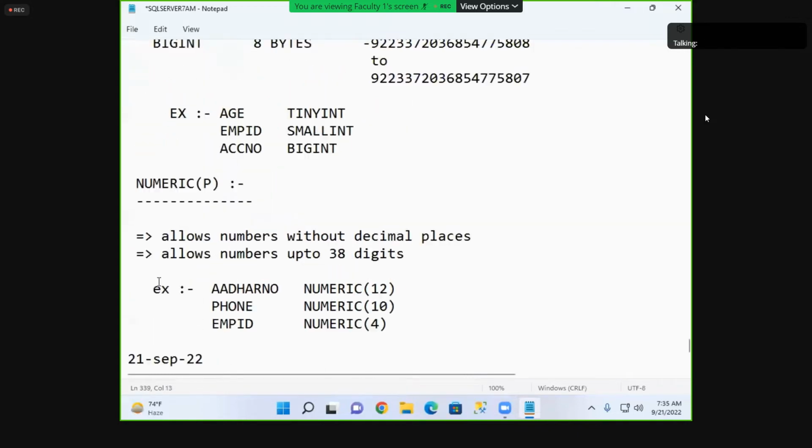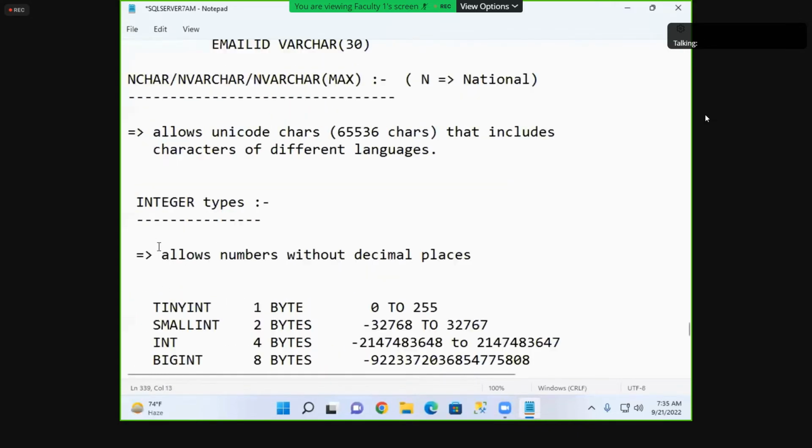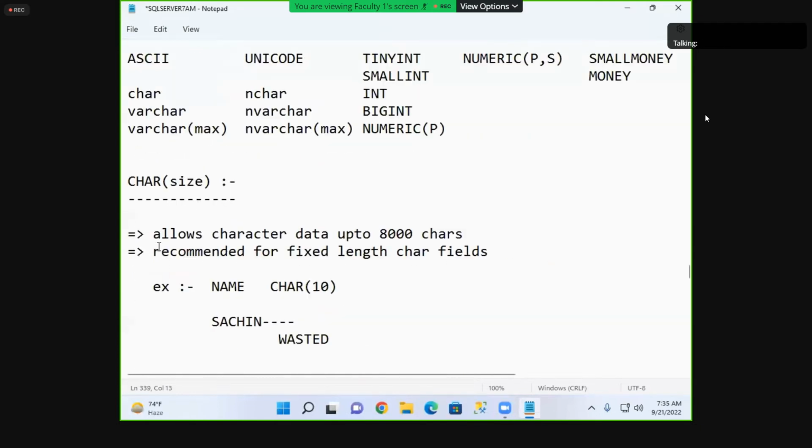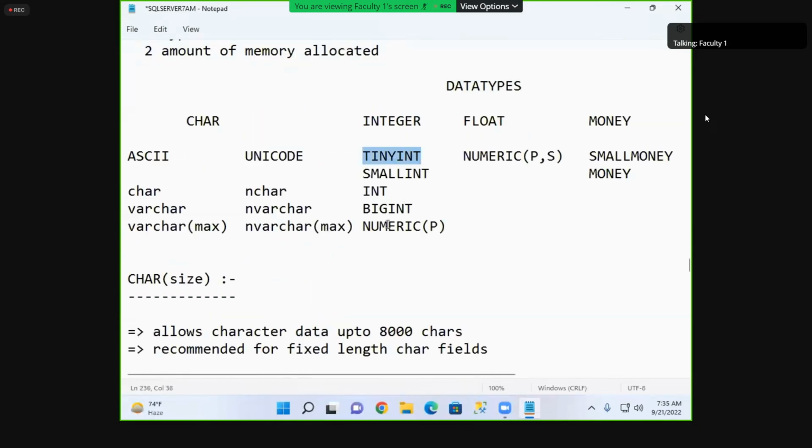Integers. For integers, how many types are there? 5 types: tiny int, small int, big int, numeric. All these are integers only. For integers, we have 5 types.